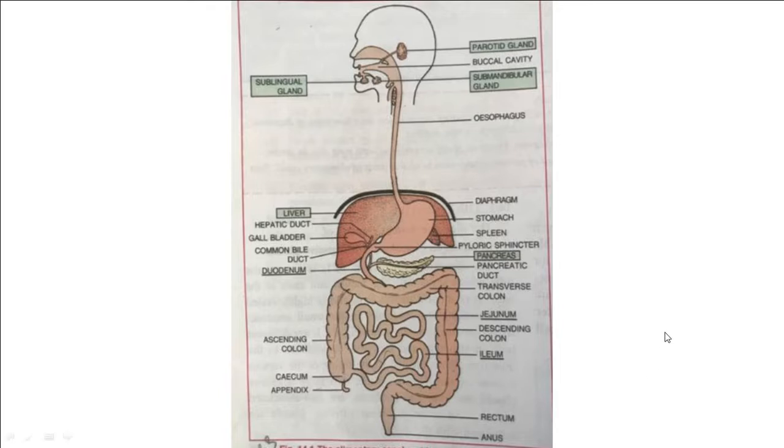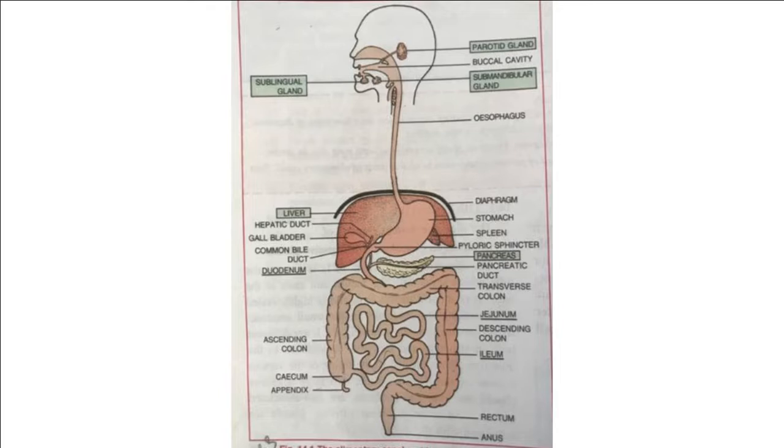Then continuous to the jejunum, we have the ileum. Ileum is the terminal, last part and the longest region of the small intestine, and it is joined to the large intestine. Large intestine is the terminal part of the digestive system.